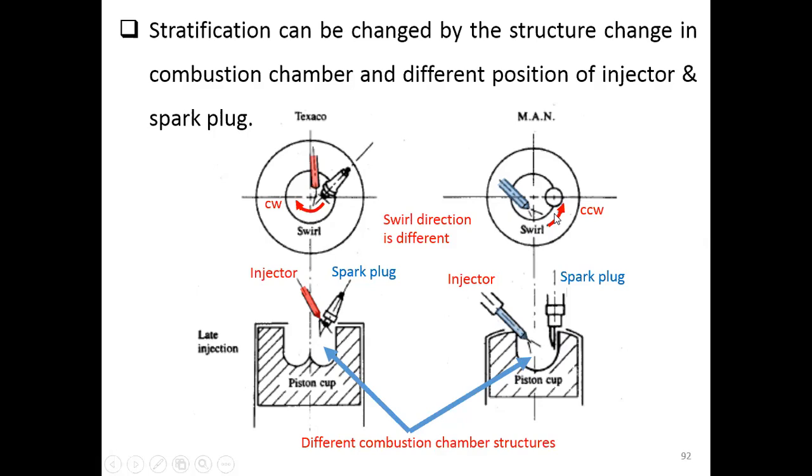So the direction can be changed according to the position and the shape of the combustion chamber. It depends on which direction you would like your swirl flow to go, clockwise or counterclockwise.